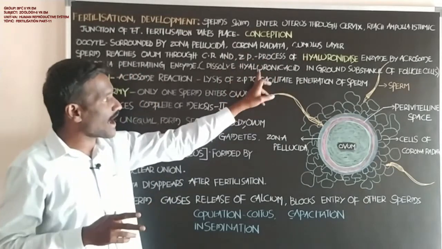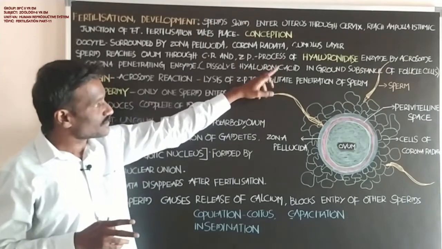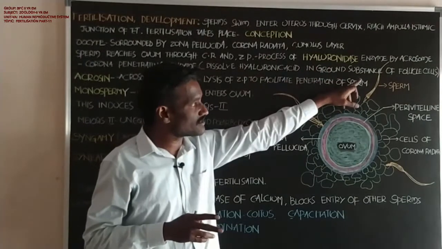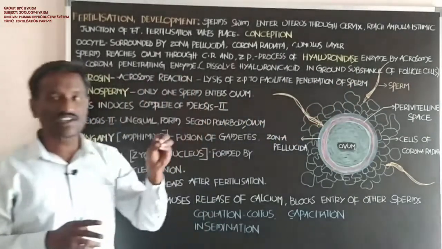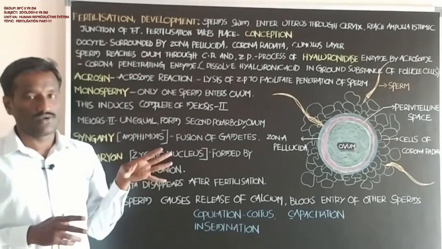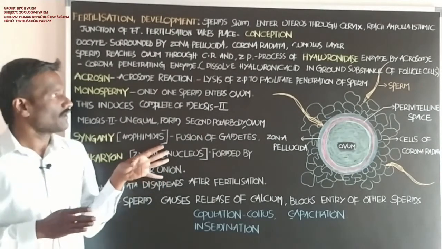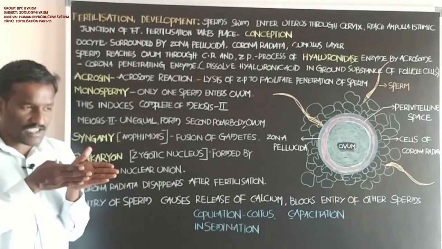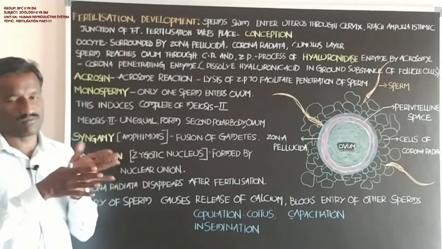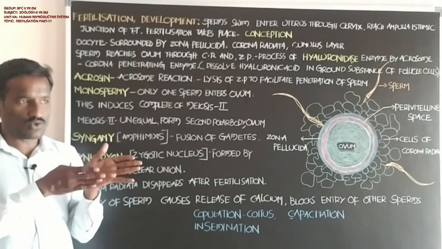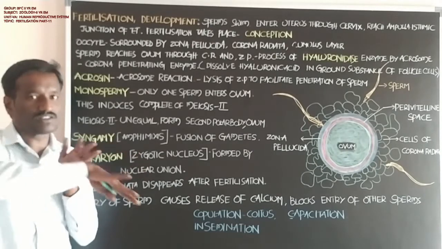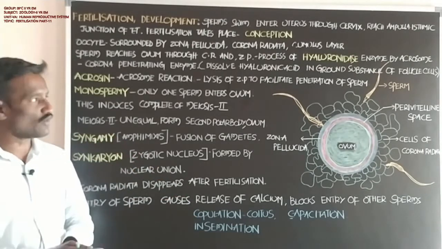This dissolves the hyaluronic acid which is present in the ground substance of the follicle cells. Okay, students, the hyaluronidase enzyme makes a way to enter toward the inner part of the ovum.